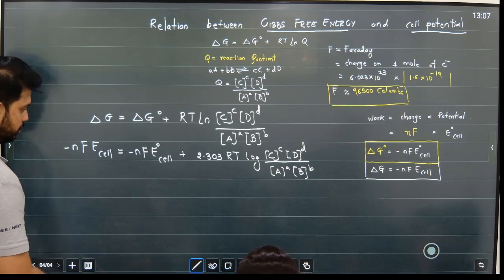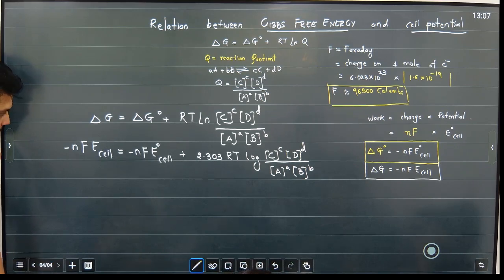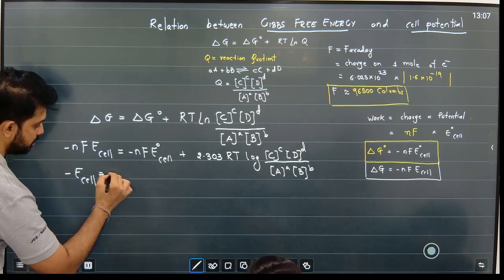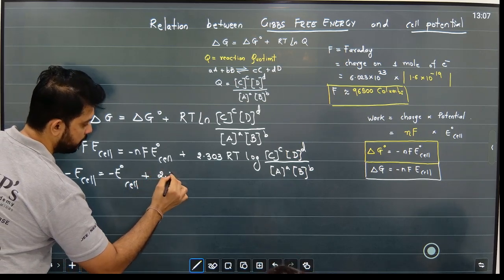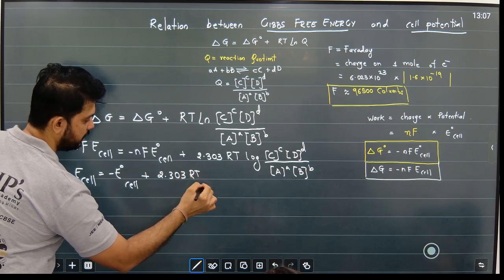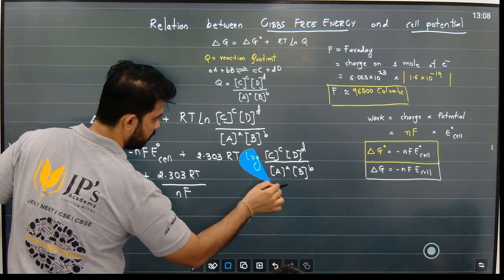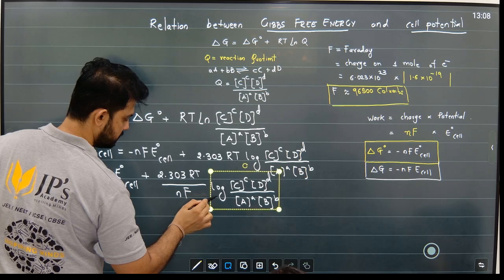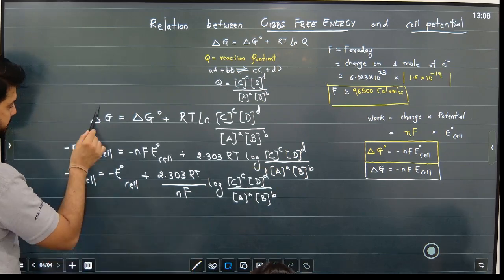With me till here? Do you see something common? If I divide throughout by nF, what will I get? Minus E cell is equal to minus E naught cell plus 2.303 RT over nF log of C raised to c times D raised to d over the same thing again. With me?